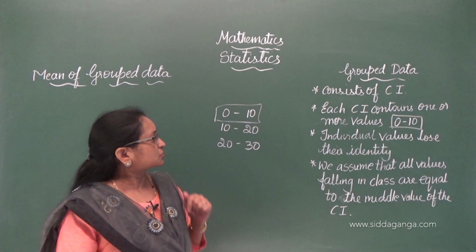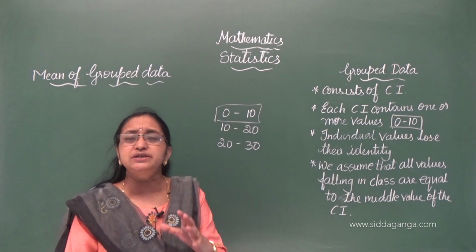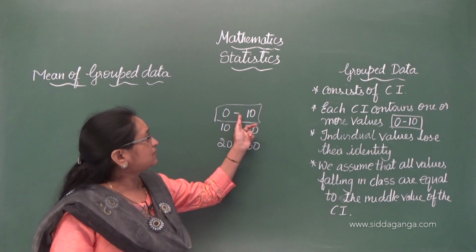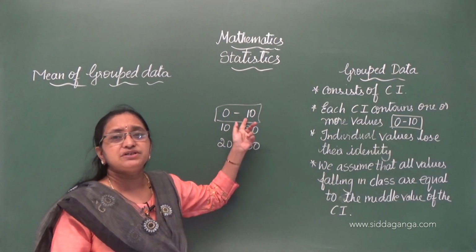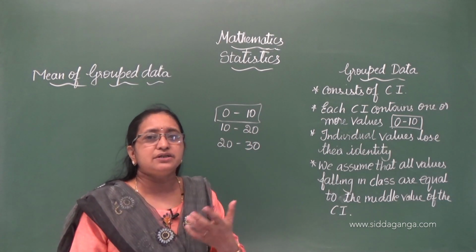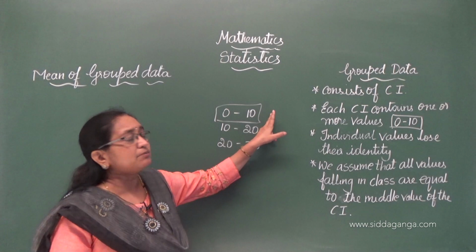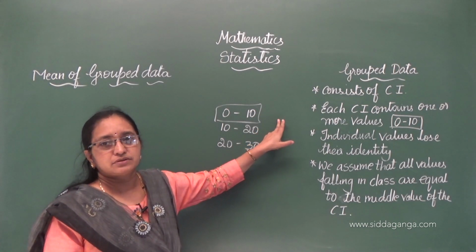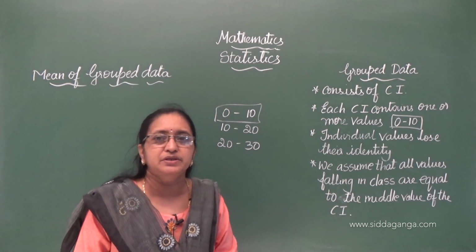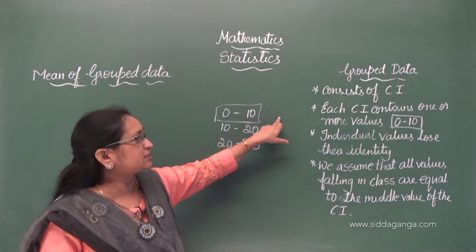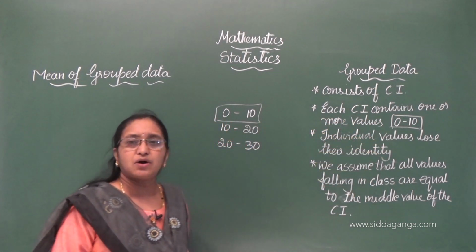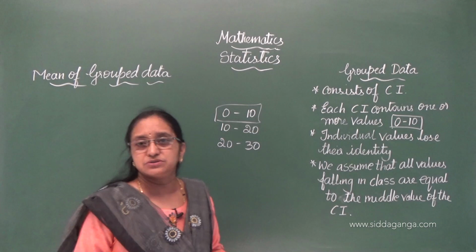Suppose a student has scored 5 marks, then it will come under this. If he has scored 6 marks, and another student has scored 6 marks, then that student will also come under this group. And if they have scored 9, that student also will come under this group. So each class interval will contain one or more values.